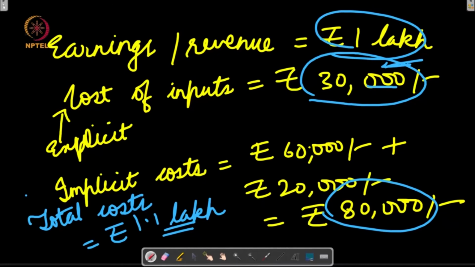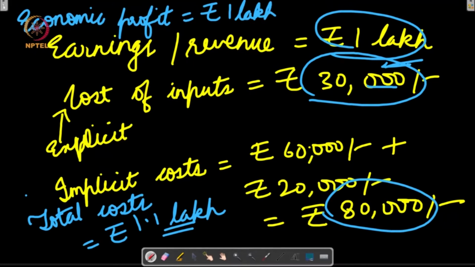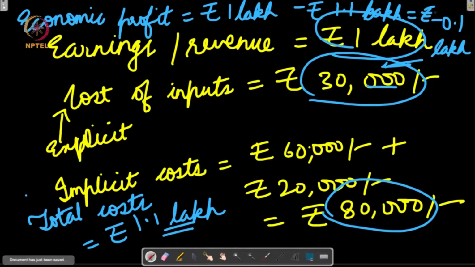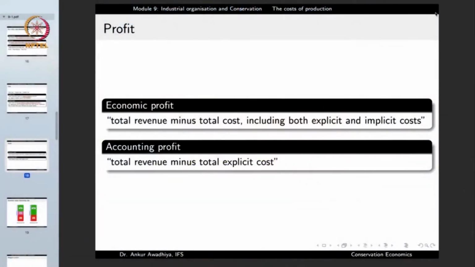Now in this case, we will say that the economic profit is rupees 1 lakh minus rupees 1.1 lakh is minus 0.1 lakh rupees. So in this case, what we have computed is that the economic profit is minus 0.1 lakh, which means that this person is at an economic loss because the profit is negative.